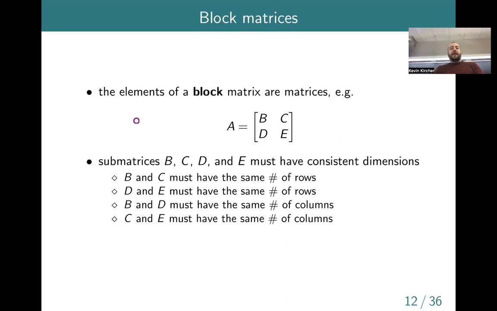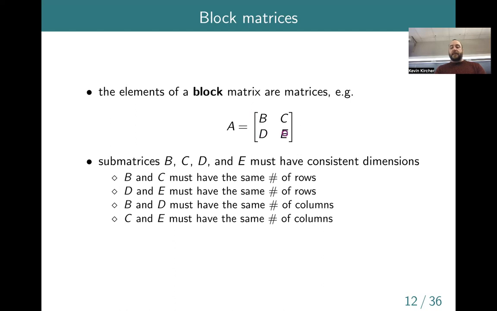And the last bit here is it's convenient to write matrices as what are called block matrices. So here we have a matrix A that's made up of smaller matrices. You could call them blocks or submatrices. And so sometimes it's convenient to write stuff in this way. You have to be pretty careful about dimensions when you do it. So B and C have to have the same number of rows, right? So that this dimension here is consistent.